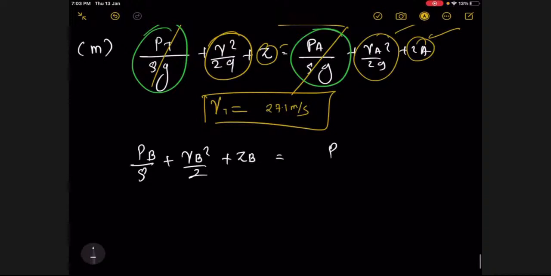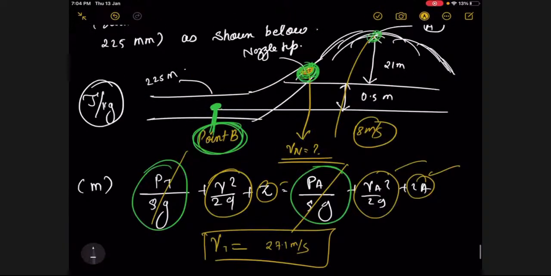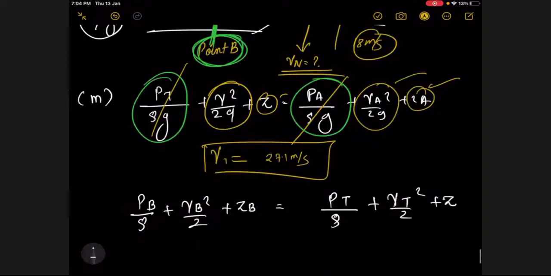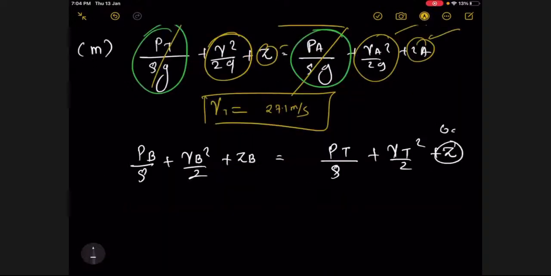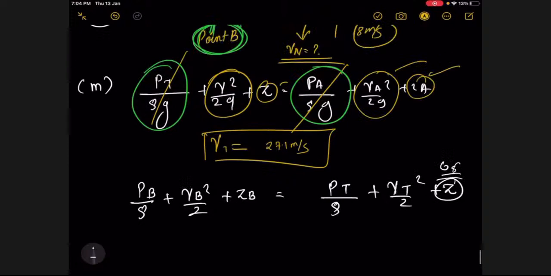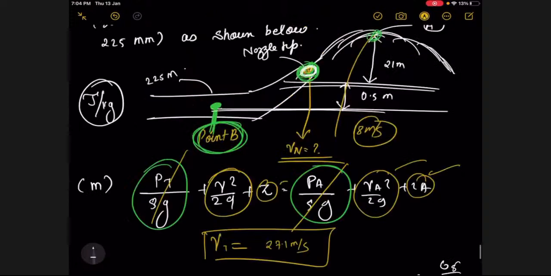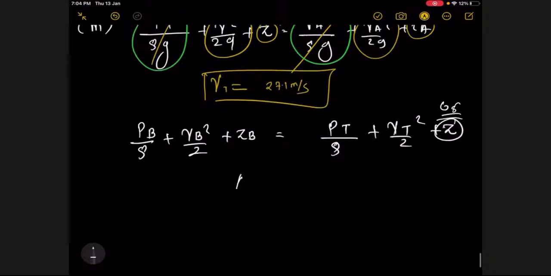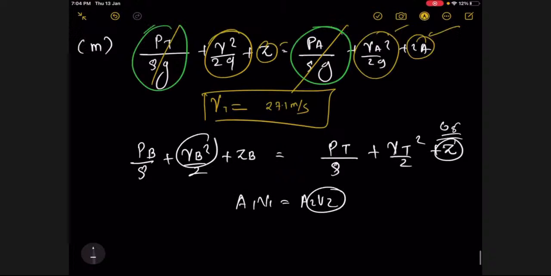There is no pump, so you can write it equals the nozzle: PT by rho plus VT square by 2 plus Z. What is the distance here? This is 0.5. Now you know the diameter is given, so A1 V1 equals A2 V2. So you can calculate the velocity at B.